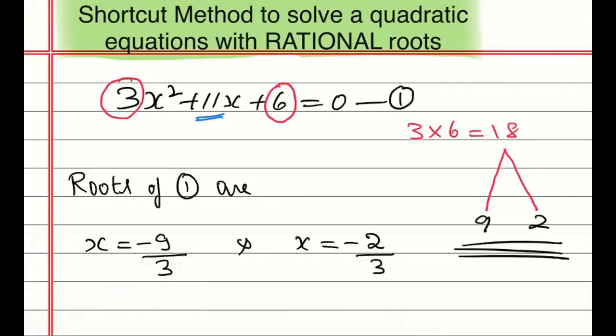Divide the numbers by the coefficient of x² and we get x equal to minus 3 and x equal to minus 2/3. So these are the two roots of equation 1.